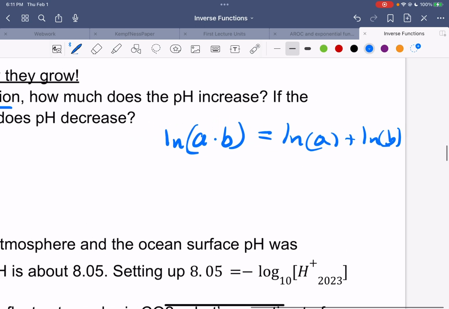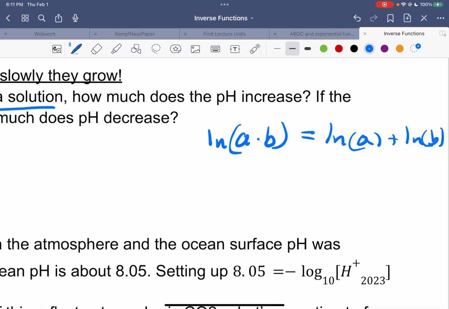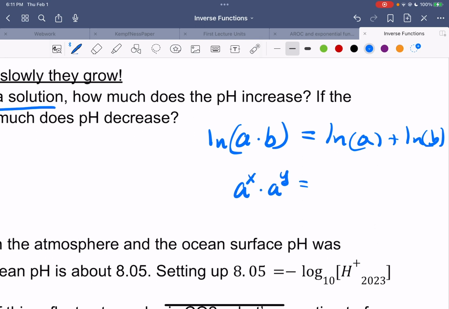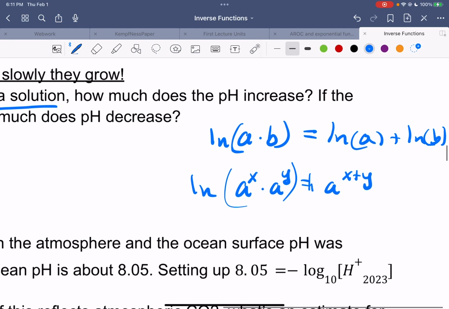The reason for this is the same reason as the fact that a to the x times a to the y is a to the x plus y. Logarithms tell you exponents. So if I'm taking the log of that, that's the same as taking the log of that. You had better get x plus y.